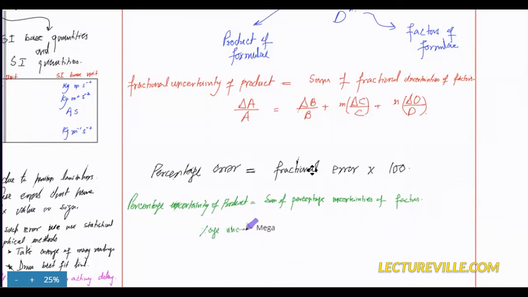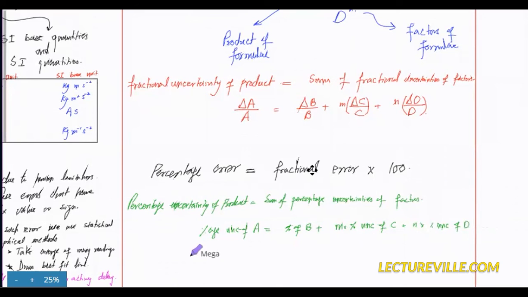So if you are looking for the percentage uncertainty of A, it will be percentage uncertainty of B plus M times percentage uncertainty of C plus N times percentage uncertainty of, actually I was supposed to write D over here, D. Okay.